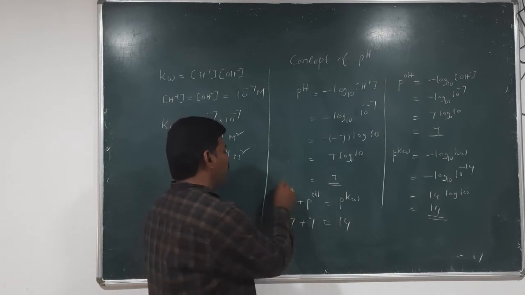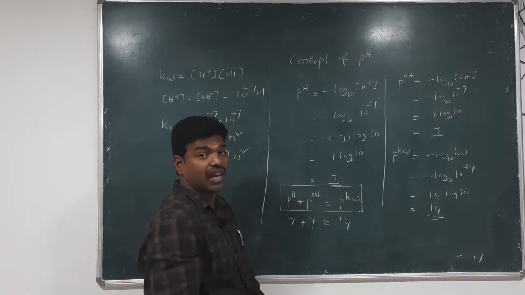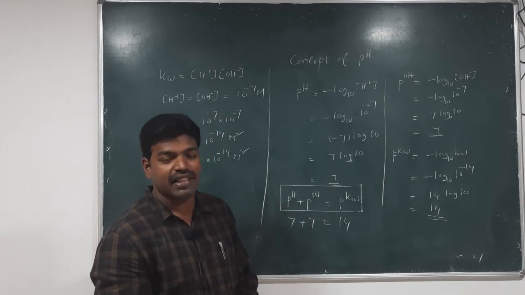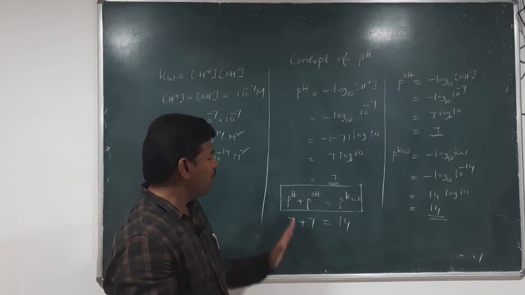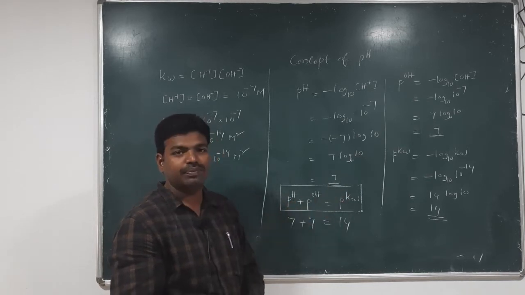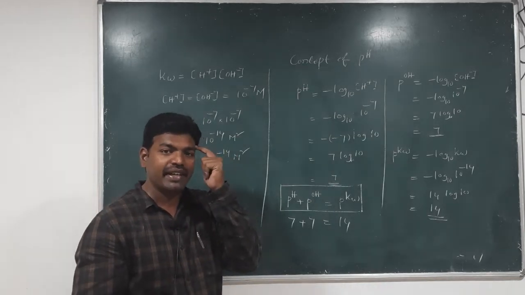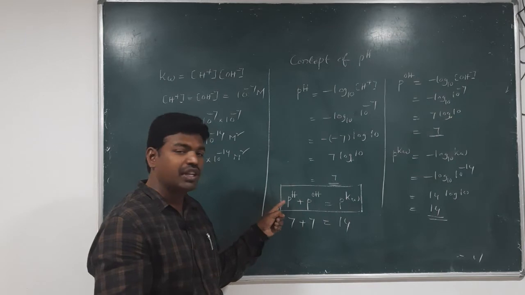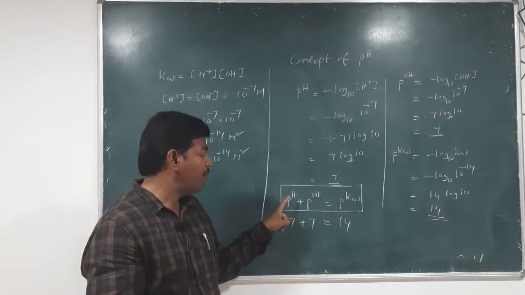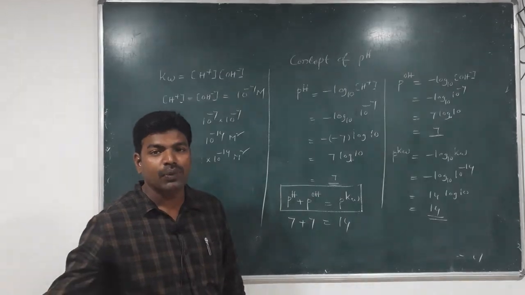This is a very important equation in solving for the concentration of H plus ions or OH minus ions. So you should keep this equation in your mind: pH plus pOH is equal to pKw.